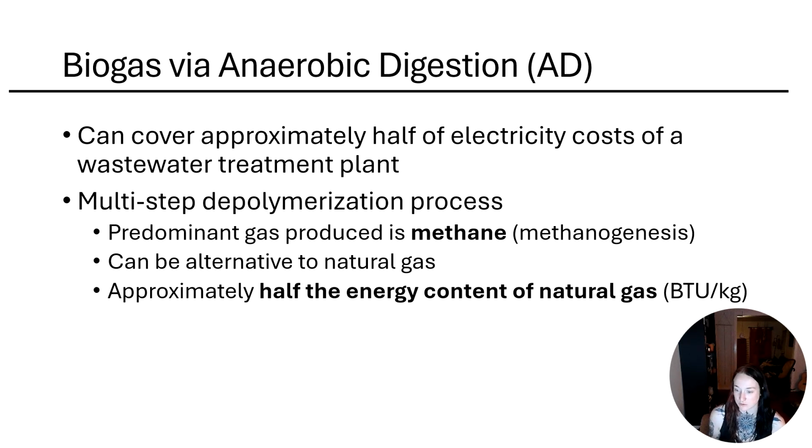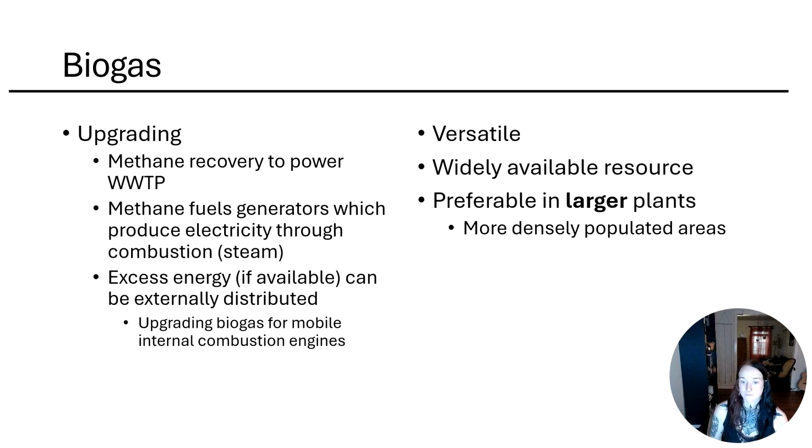This can be used as an alternative to natural gas as an end product, but it only has about half the energy content of natural gas. And using this can cover about half of the electricity cost of a wastewater treatment plant.